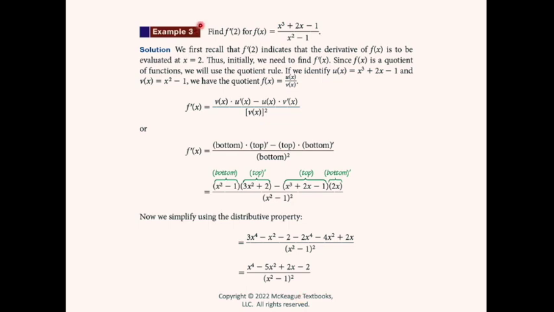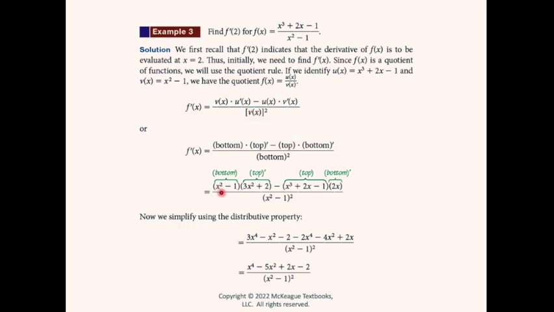Now let's look at example 3. We have a function defined by a polynomial in the numerator and a polynomial in the denominator. We're going to use the quotient rule for this. To find the derivative, you take the bottom times the derivative of the top, and then subtract the top times the derivative of the bottom, and you put all that over the bottom squared.